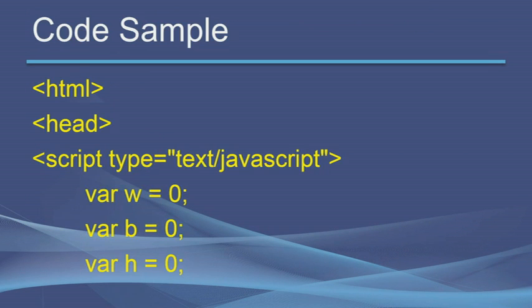Let's look at a code sample. So here in HTML there's a head section, and in the head section there's a script tag which is of JavaScript type, and we have defined variables w, b and h as equal to 0, 0 and 0. So let's look at the question originating from this.